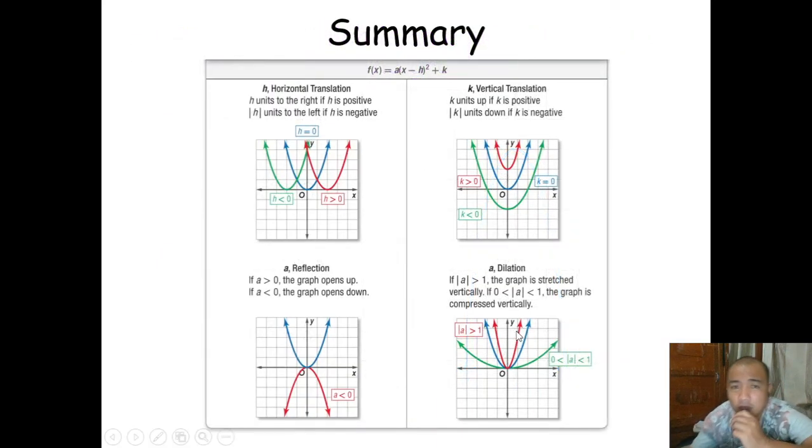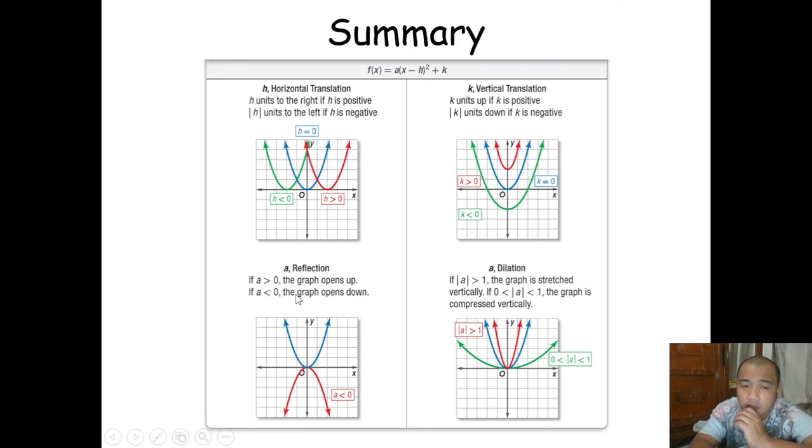So for the summary, for the horizontal translation, h units to the right if h is positive, h units to the left if h is negative. For vertical translation, k units up if k is positive, absolute value of k units down if k is negative. We have reflection here. For the quadratic function, if a is greater than 0, the graph opens up.